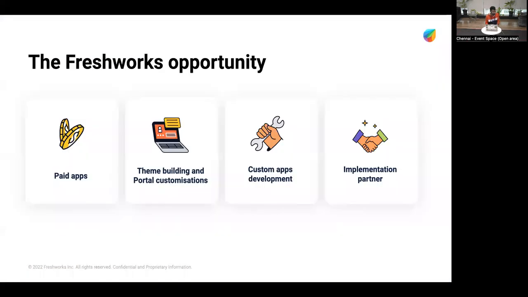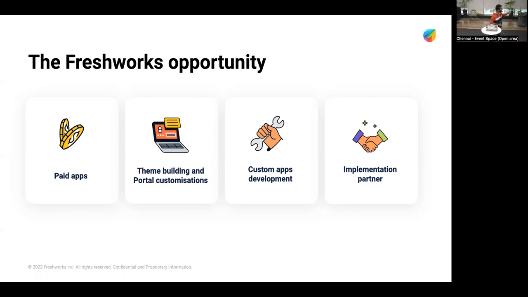All right, so here is the big overview of Freshworks as an opportunity itself. You can build apps as you build apps for Android and publish them to the Google Play Store. Now you can build apps for Freshworks products and publish them to the Marketplace. And as a choice you can make that a premium or paid app, right? So developers can earn in return for the effort they put into building an app that serves any purpose.